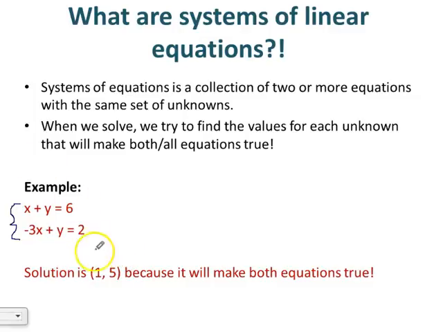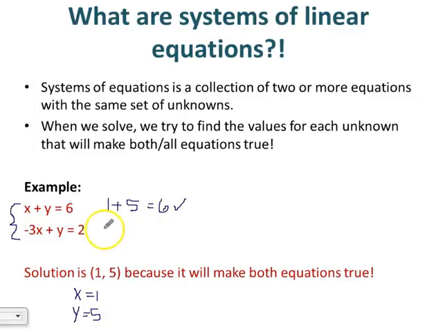So let's see that work. This solution is written as a coordinate (1, 5), which means that x equals 1 and y equals 5. So when I plug those values into each equation, it will make the equation true. So x plus y would turn out to be 1 plus 5 equals 6. That's true.